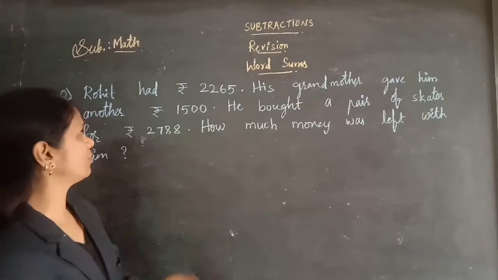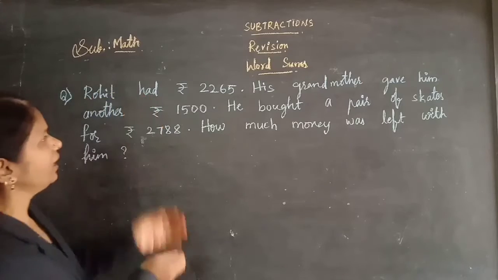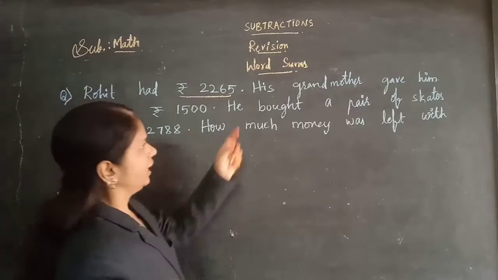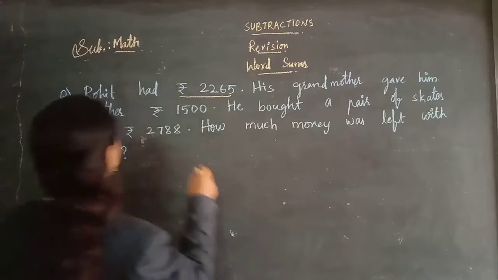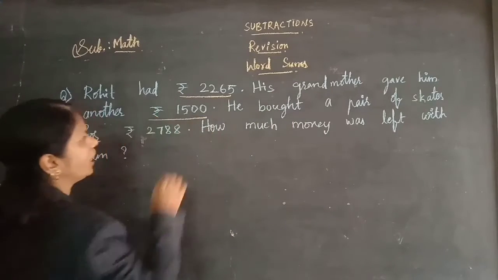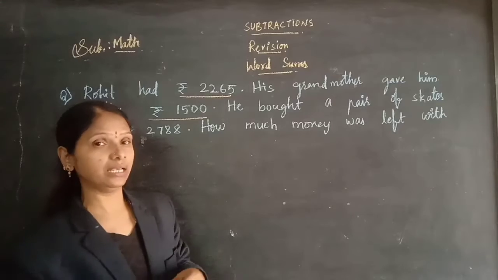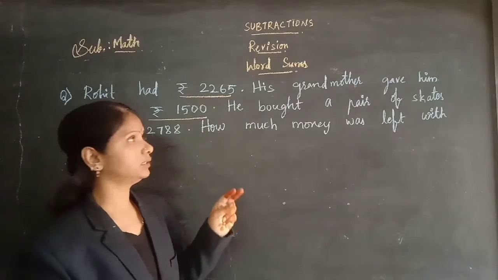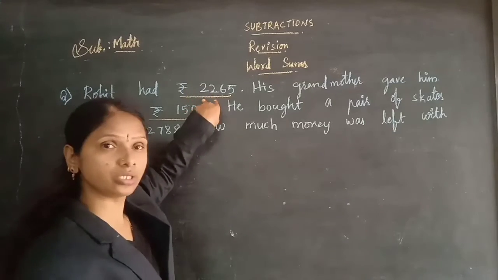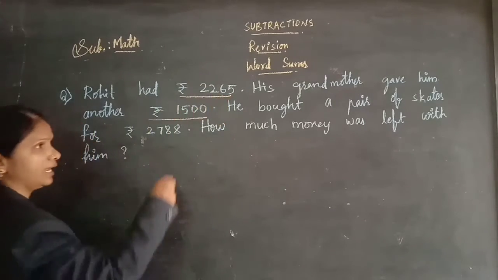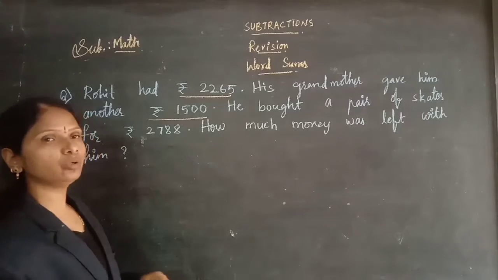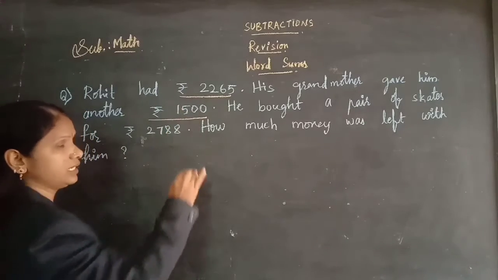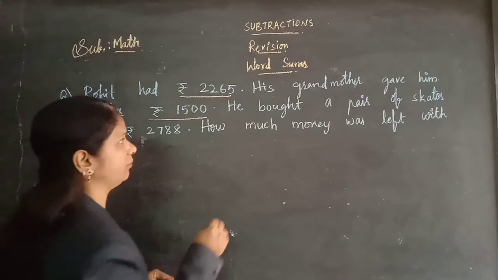Yes, children, look at this problem here. Rohit had 2,265 rupees. His grandmother gave him another 1,500. Means the money will increase for Rohit after the grandmother gives. So first he has 2,265 rupees and later his grandmother gave him 1,500 rupees, children. Means now at present he has more amount with him.